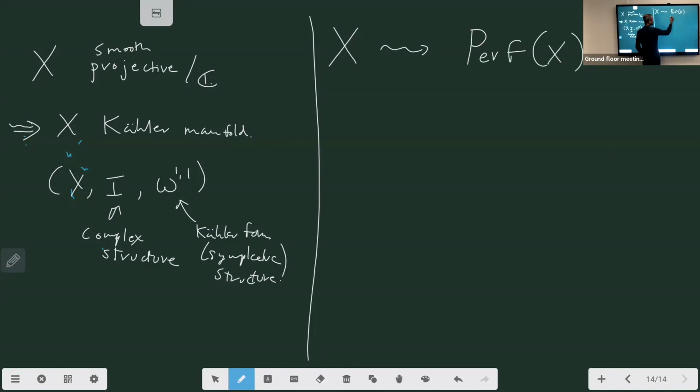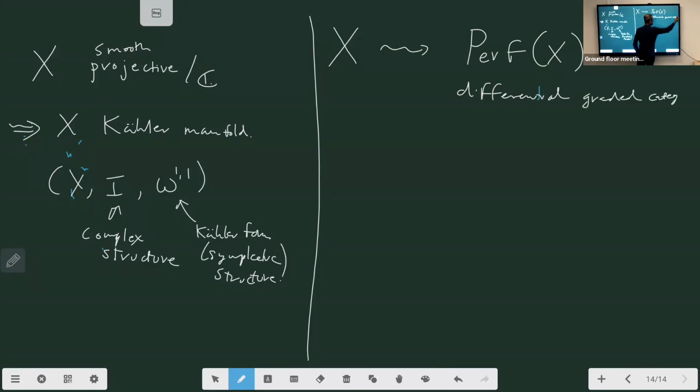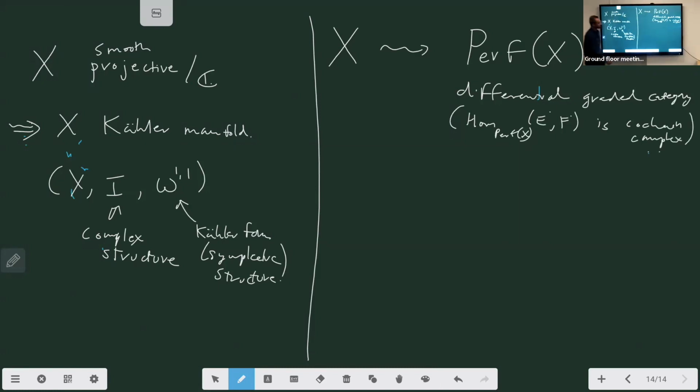This is a differential graded category. What that means is that Hom in Perf of E to F, E and F are two objects, is a co-chain complex. And composition respects multiplication. Respects the differential.